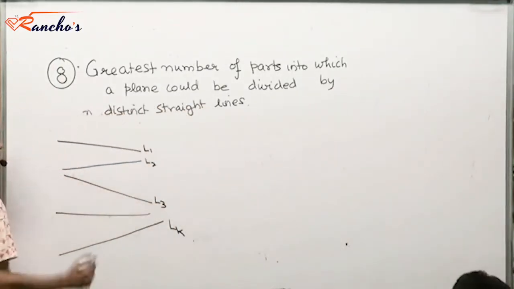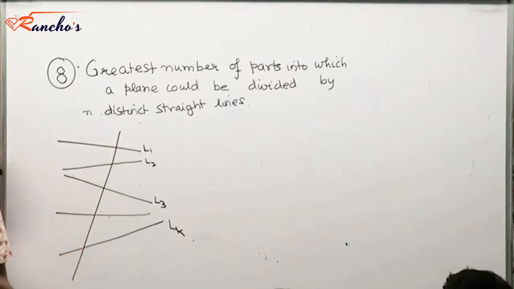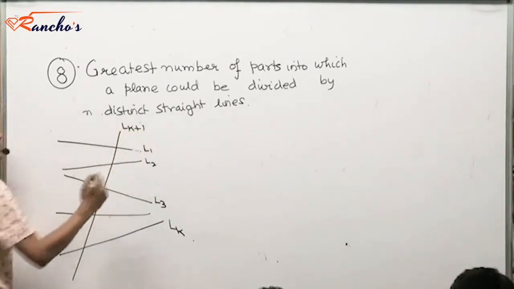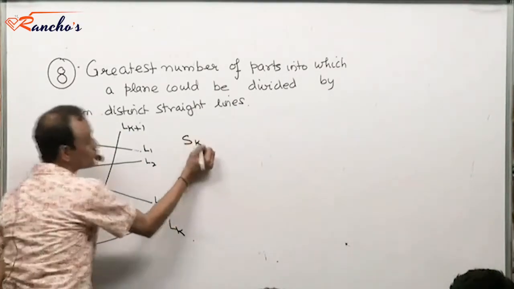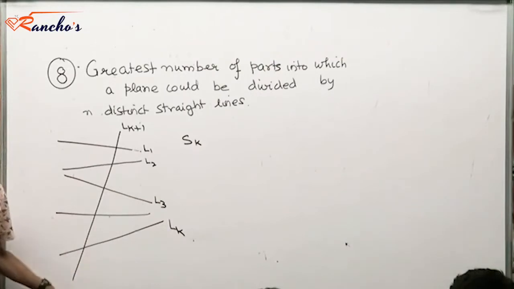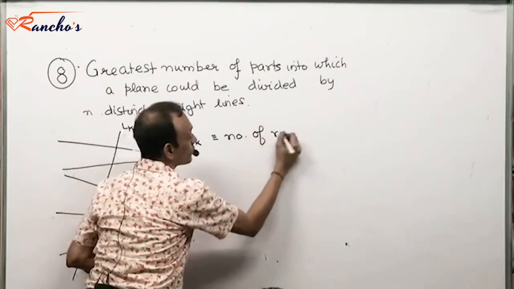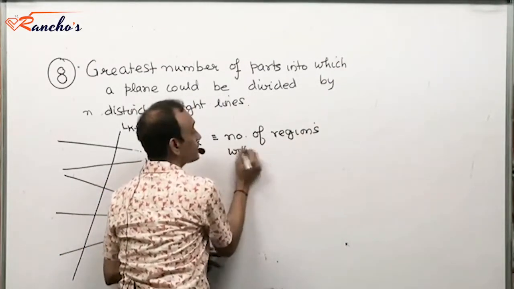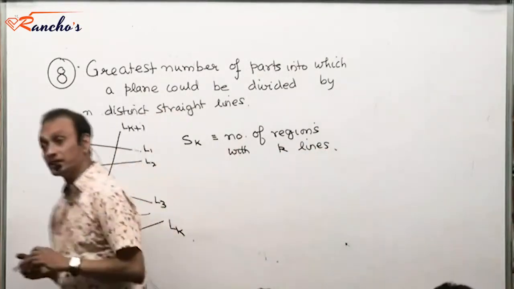Now, in a very general sense, if I add another line, not parallel to any one of them, say Lk plus 1, then, see, when there were k straight lines, Sk were the number of regions with k lines.